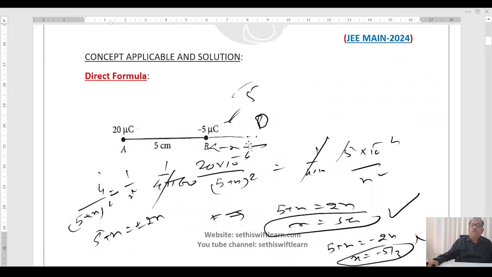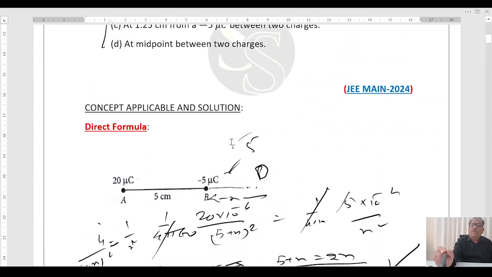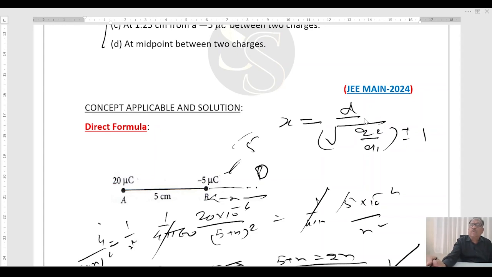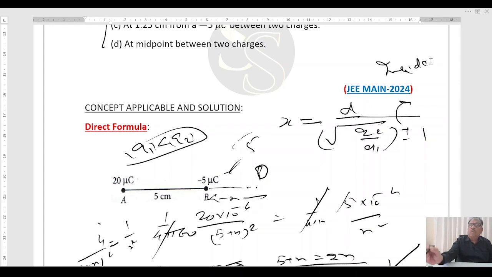Now, the direct formula: the separation is d, and at a distance x, x equals d upon (under root q2 upon q1, plus or minus 1). D is the separation, and q1, q2 are the charges. In this, q1's magnitude should be larger than q2's; then it is possible. Positive is for inside and negative for outside.